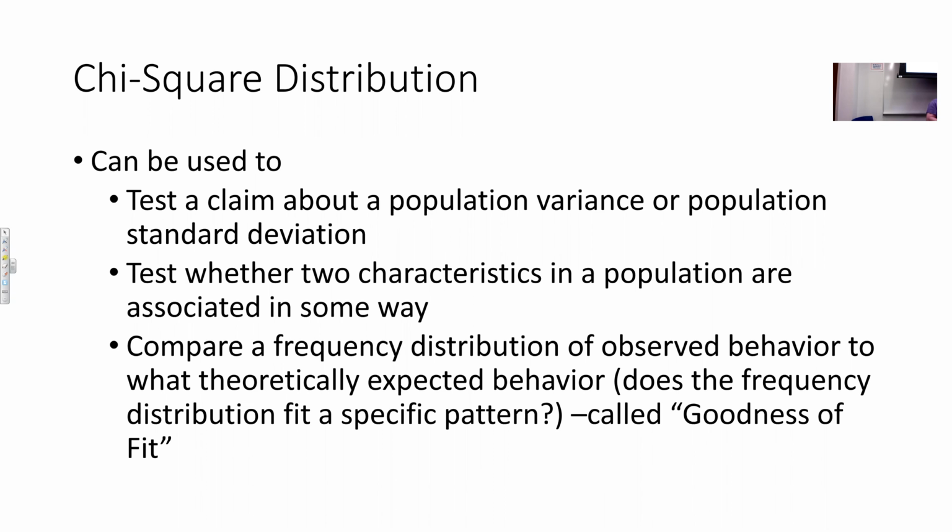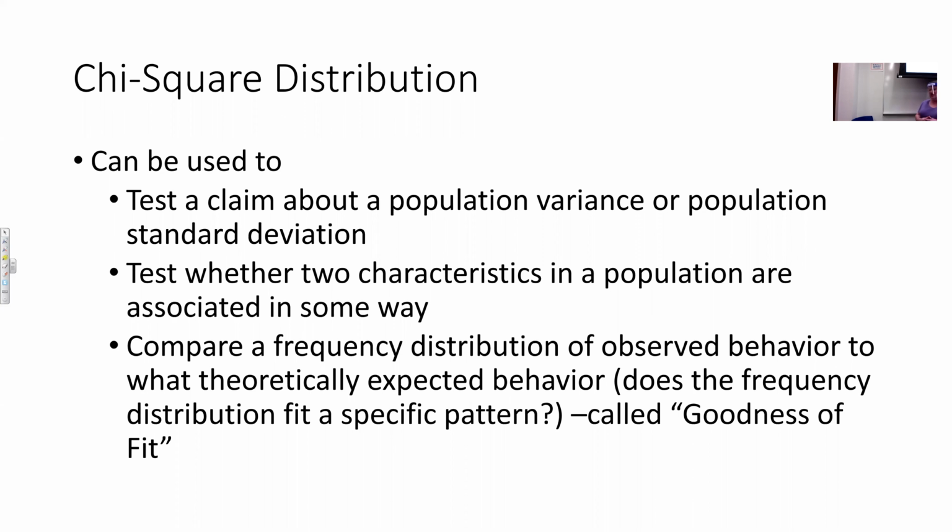We're only going to talk about one of them. But the 3 ways that the chi-square distribution can be used, one is it can be used to test a claim about the population variance or the population standard deviation.